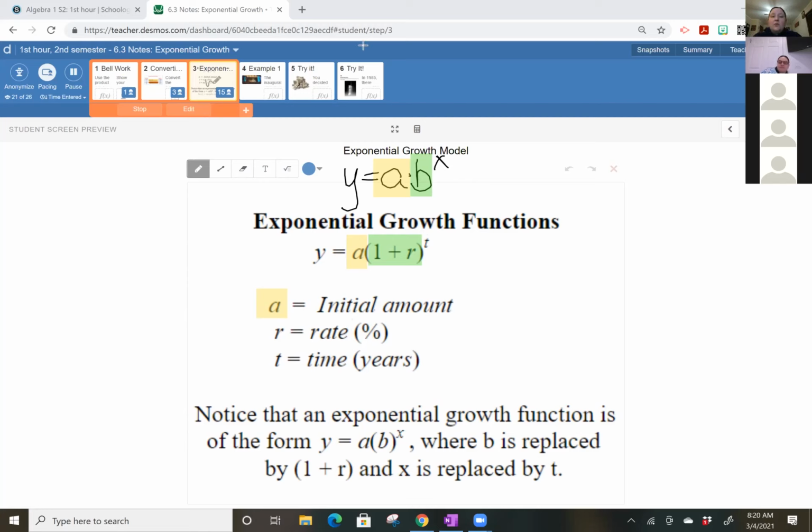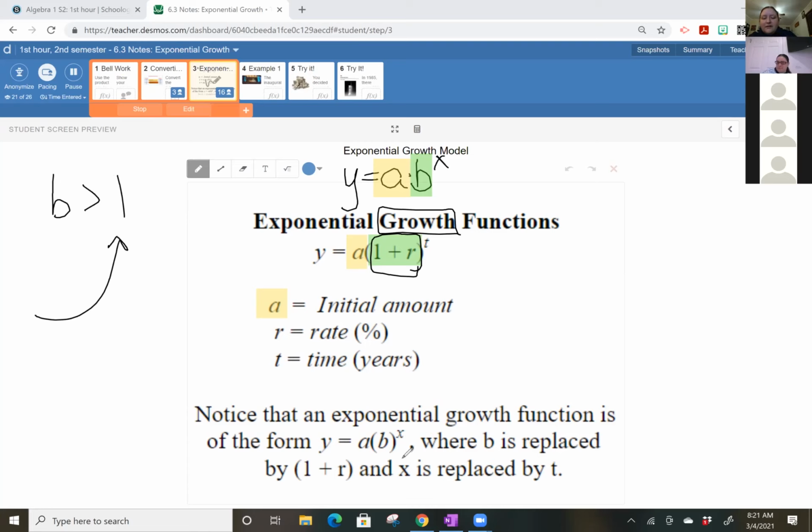So one thing that we wanted you to get is when b is greater than 1, your function is going to be growing. So all of our green, the 1 plus r, is going to be higher than 1. It's going to be like 1.2 or 1.5 or whatever. It's going to be greater than 1.